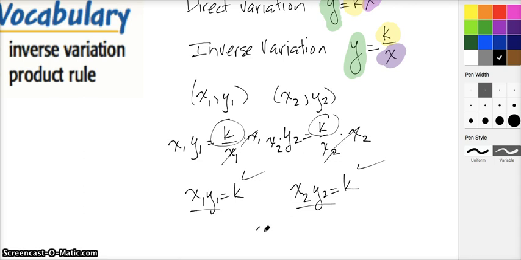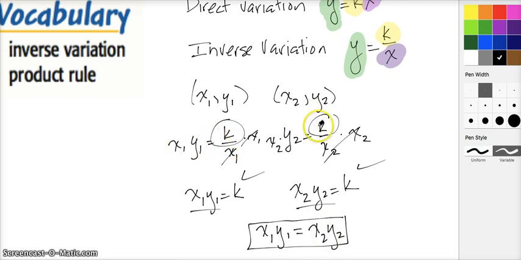So the product rule says that if you have 2 points that vary inversely, I'm sorry, please forgive me if I said vary directly before, but we're talking about inverse variation, vary inversely in the same manner, then you know the product of those two variables would be equal. You saw the math, how we did that?